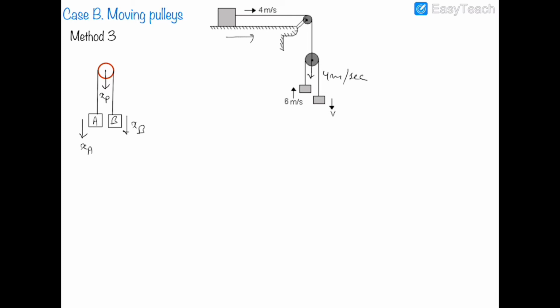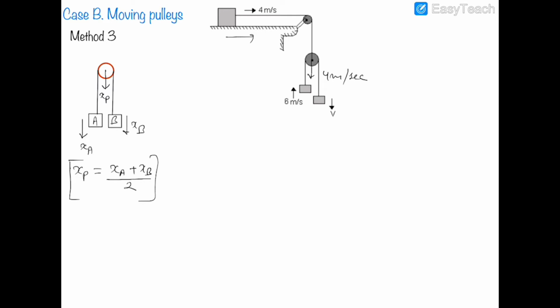So we can say that the pulley moves by an average distance of its both blocks. We can write the equation as XP is equal to (XA plus XB) upon 2. This is the concept, that the pulley moves by an average distance of both blocks which are connected on either side.